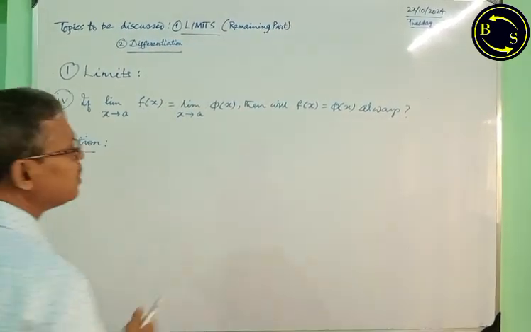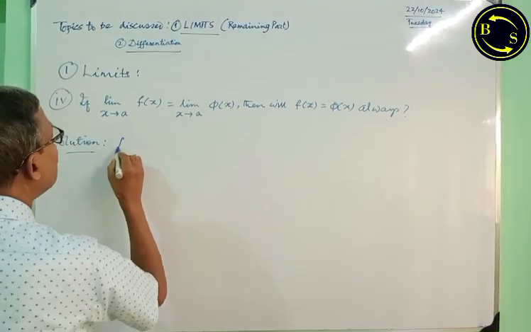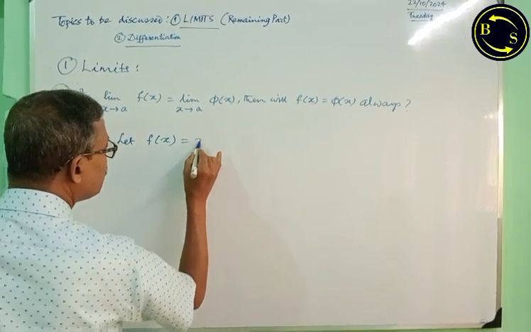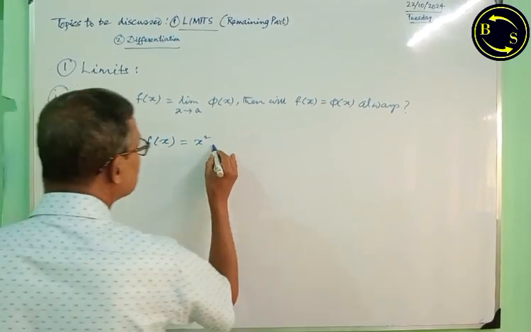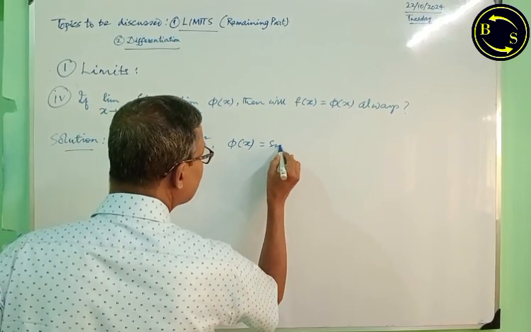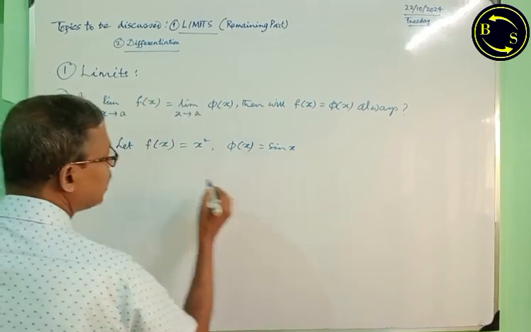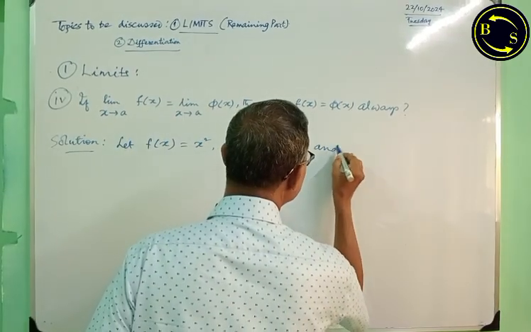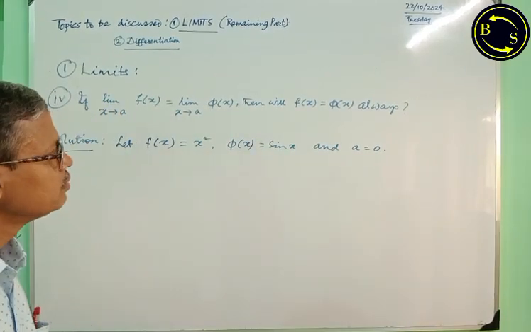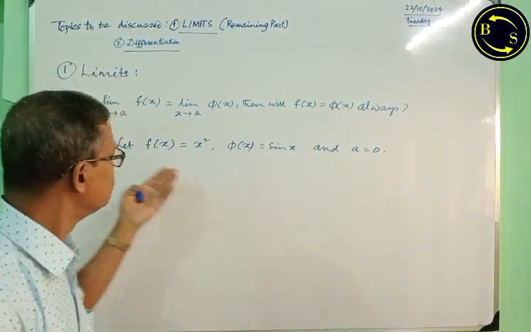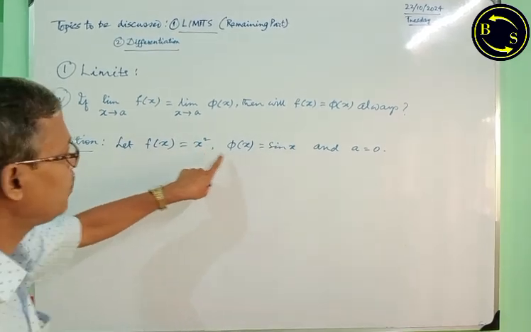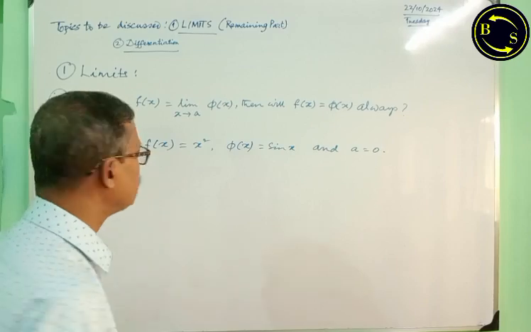For explaining this, I take an example like this. Let f(x) equal x square, phi(x) equal sin x, and a equal to 0. I have taken a specific case, f(x) equal to function x square, phi(x) equal to sin x, and a equal to 0.